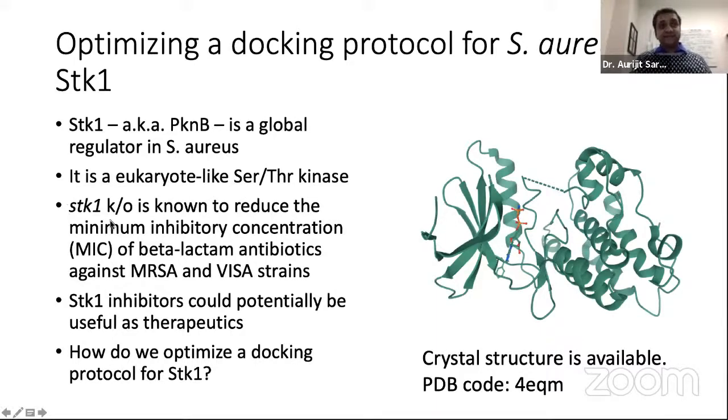It has been demonstrated that if you knock out the STK1 gene, then the resulting strains of Staphylococcus aureus have a reduction in the MIC of beta-lactam. So in other words, you need less beta-lactam antibiotics in order to kill those versions of Staph aureus.